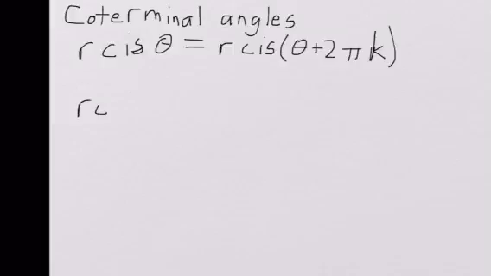So the most simple root would be just taking r CIS theta to the 1 over n, which would give us the nth root of r.